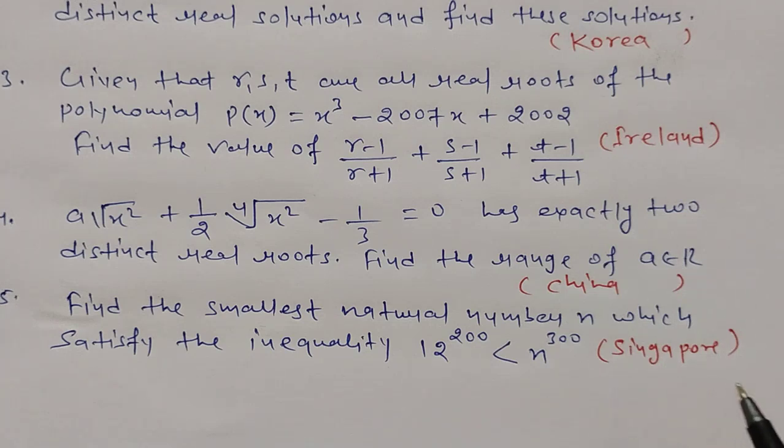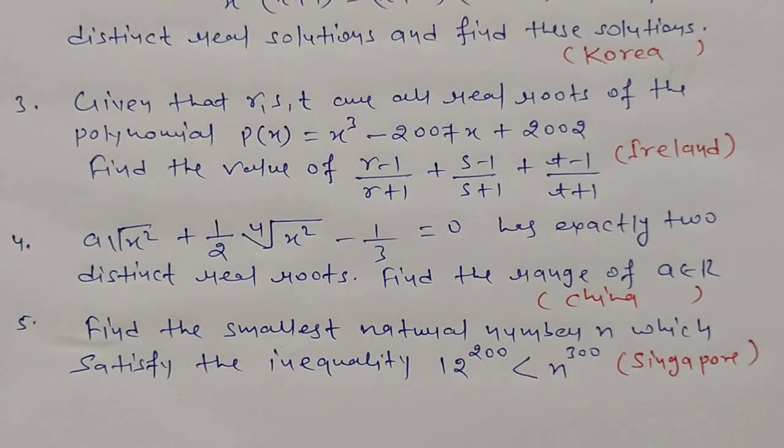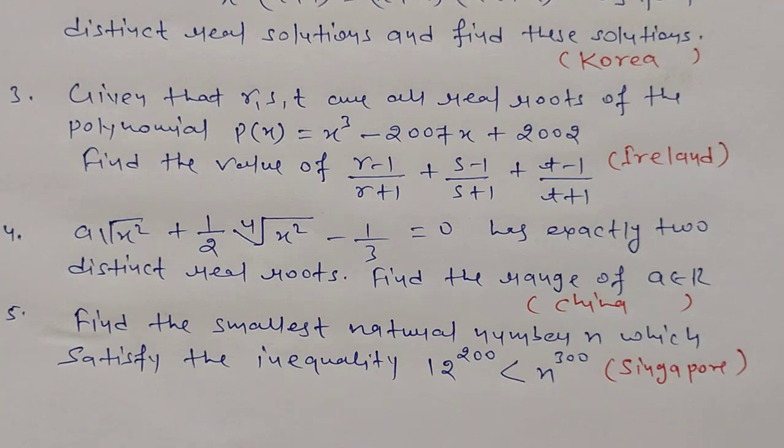So now we can change both sides. Here you can see 12 to the power 200 is less than n to the power 300, and this implies 12 squared, which is 144, to the power 100, is less than n cubed to the power 100, so 144 is less than n to the power 3.